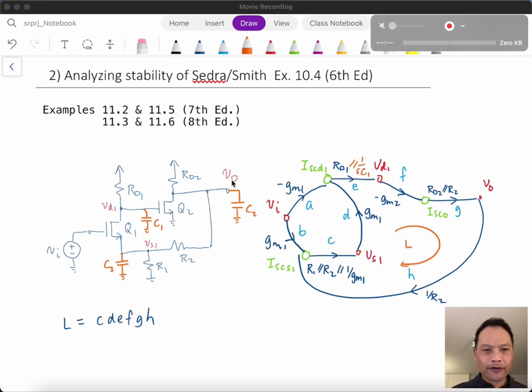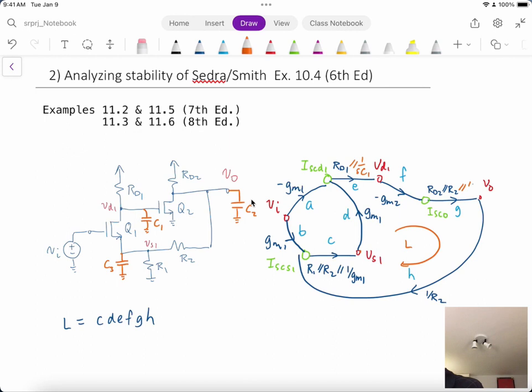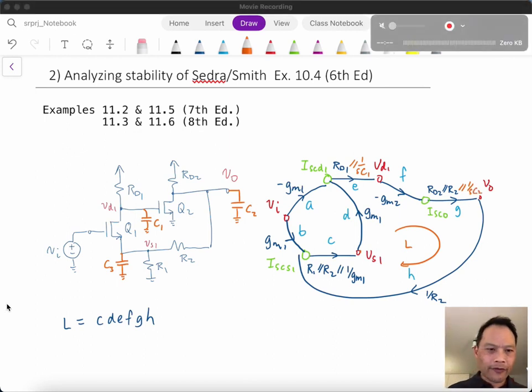Similar for the output, the driving point impedance before was RD2 in parallel with R2. So there's going to be capacitance now in addition to that, 1 over SC2. And then finally over here, there used to be just R1 in parallel with R2.